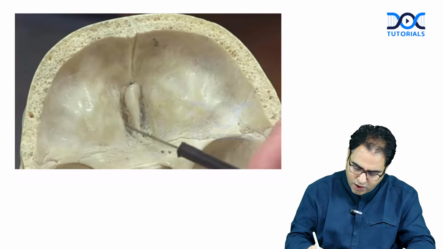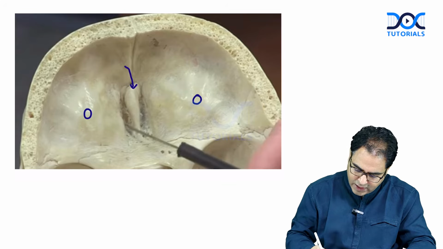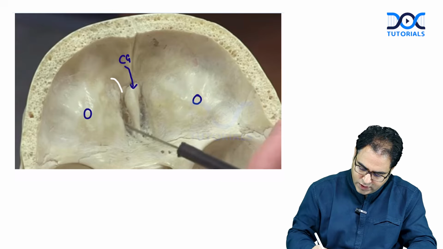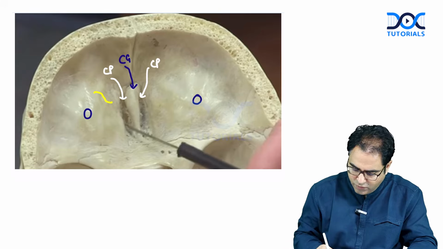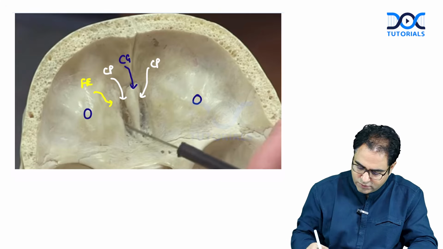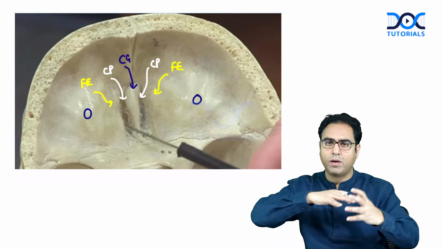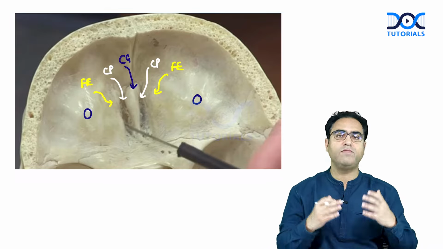This is the orbital roof, and this is the crista galli. Then this must be the cribriform plate. And this is the area of fovea ethmoidalis, both sides. Fovea ethmoidalis is the roof of the ethmoid. Okay. So basically, any trauma or any issues occurring in this area can lead to CSF leak from the nose.